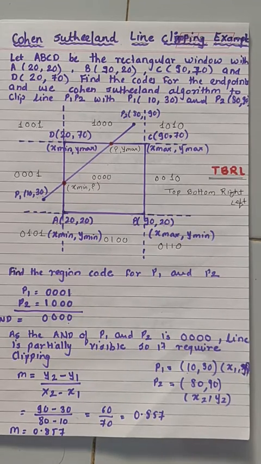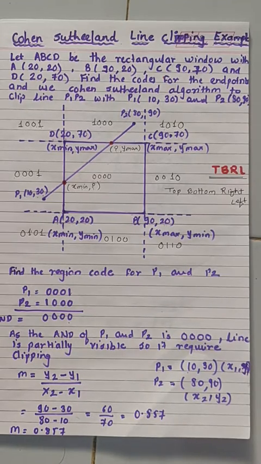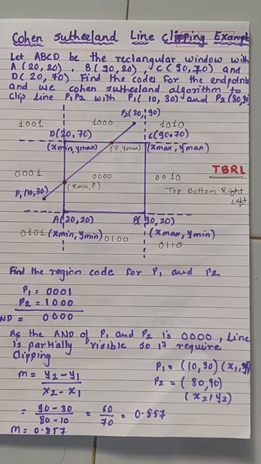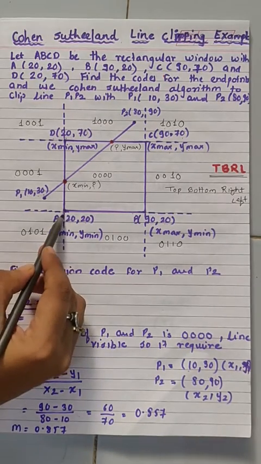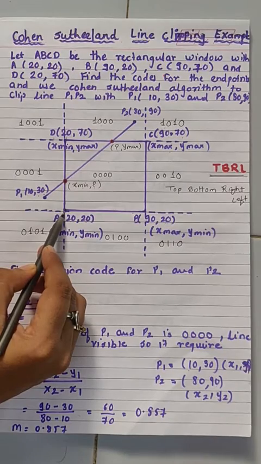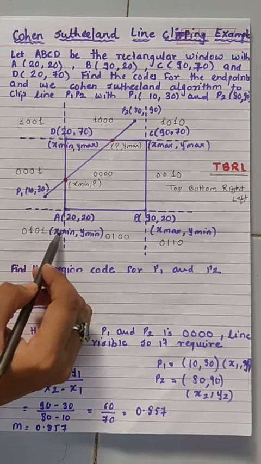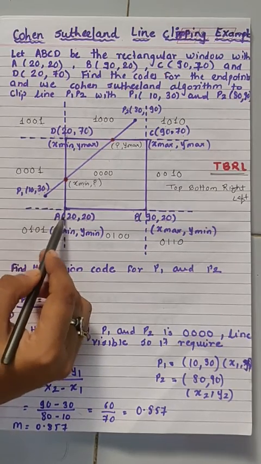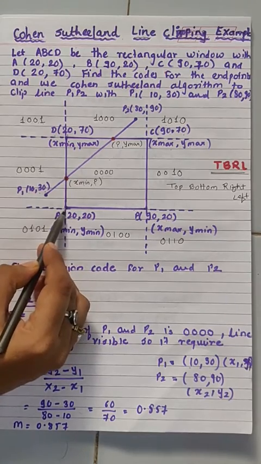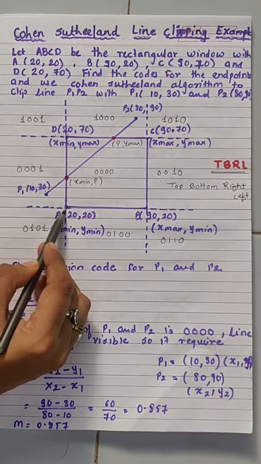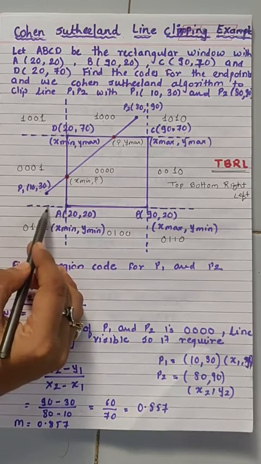The next task is to plot the points P1, P2. Now if you observe, the point P1 is given as 10, 30. The screen starts from 20, 20, so the x min value of this window is 20, and the x value of point P1 is less than 20, so it is going to lie on the left hand side.